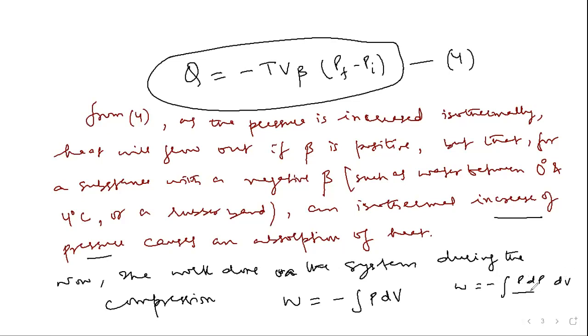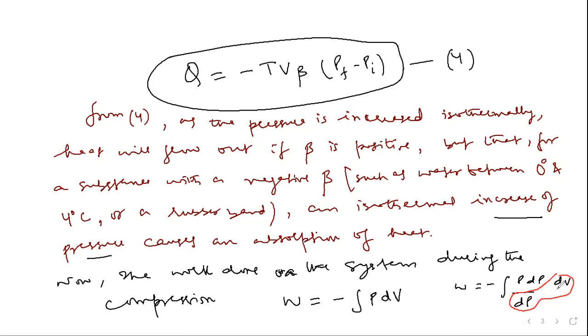You multiply by dP and divide by dP, right? Then this dV by dP will become a partial derivative if temperature is held constant, because here we are assuming volume is a function of pressure and temperature.